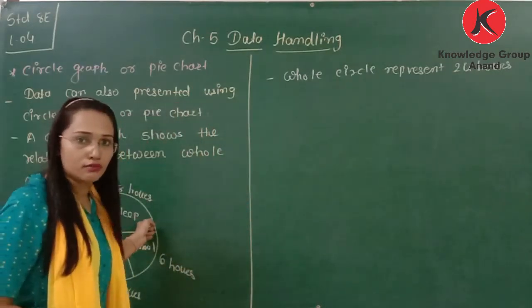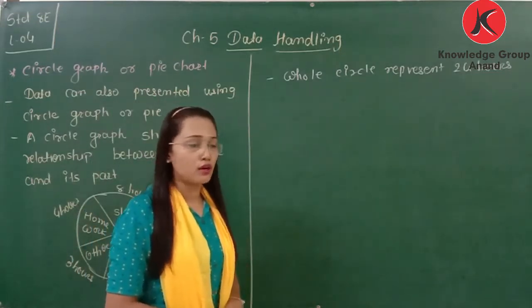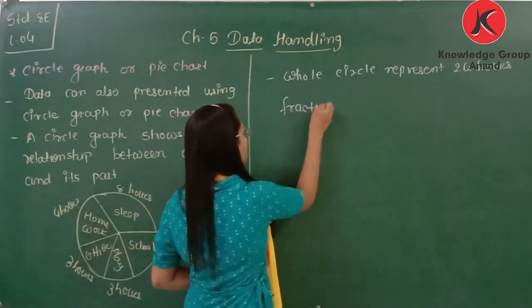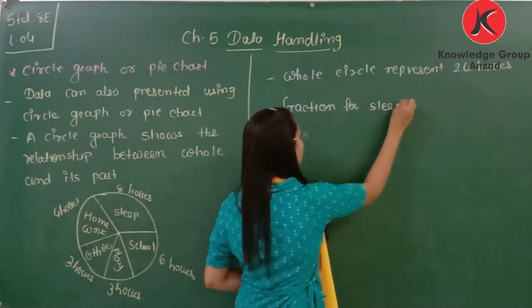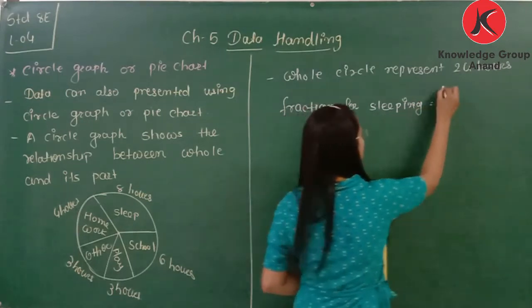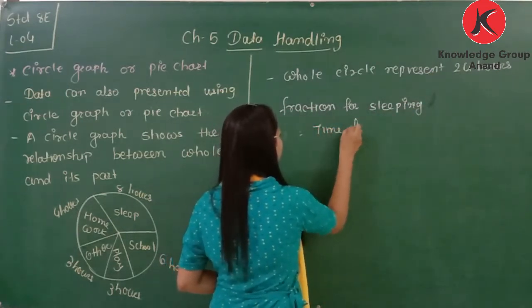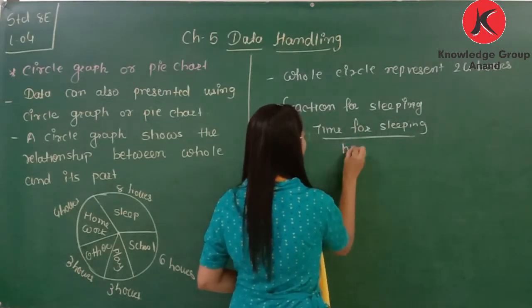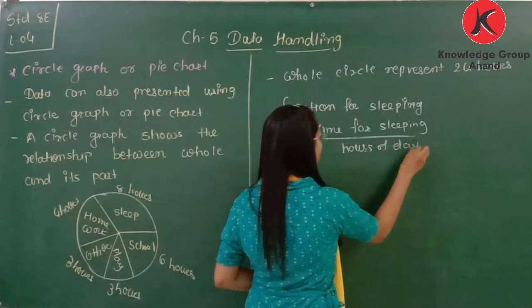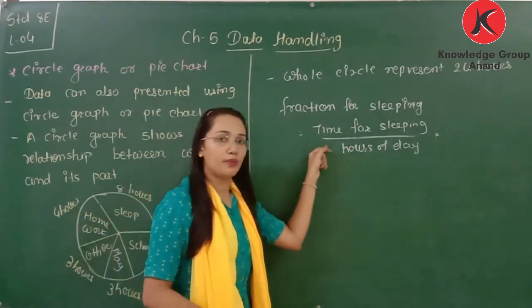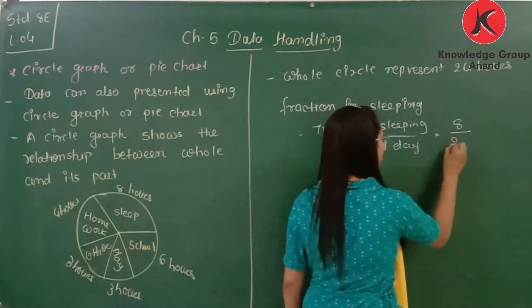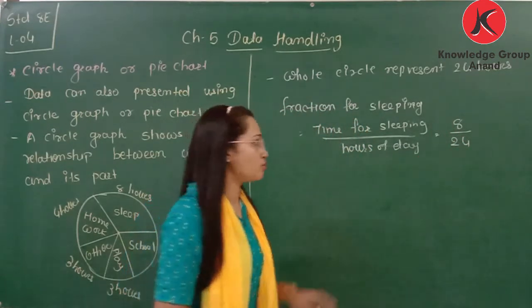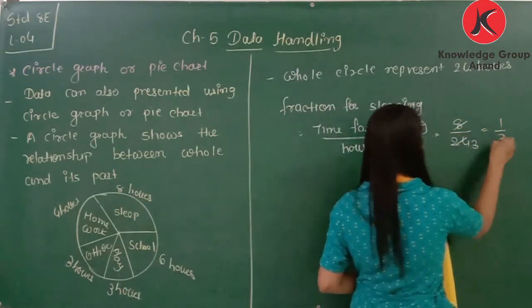Here in the circle it is 8 hours for sleeping. If we want to find the fraction of the whole day taken for sleeping, we can write fraction of sleeping equals time for sleeping divided by total hours of the day. In the graph, time for sleeping is 8 hours, so 8 is the numerator and 24 the denominator. Cutting the common factor, we get 1 by 3.